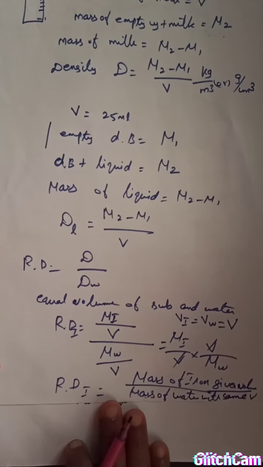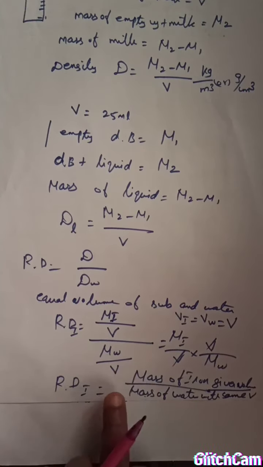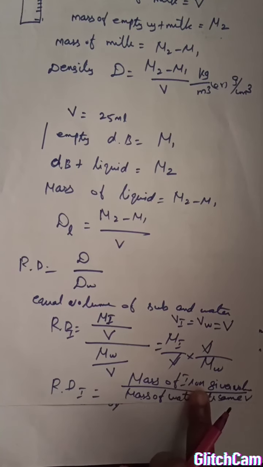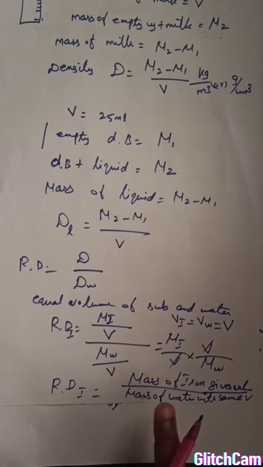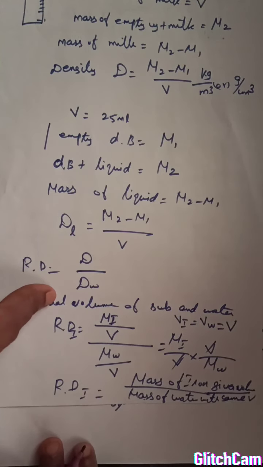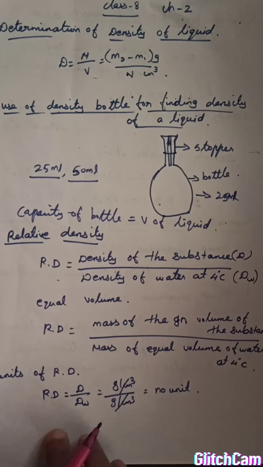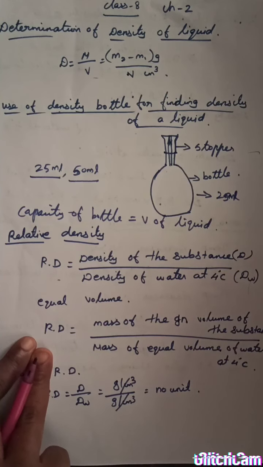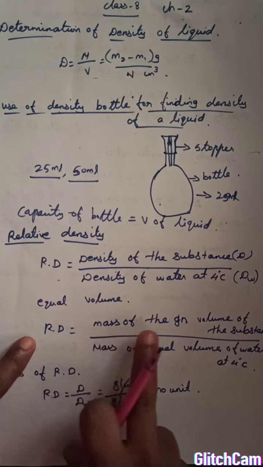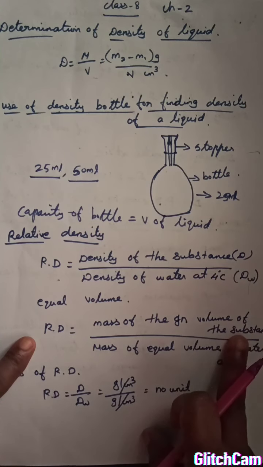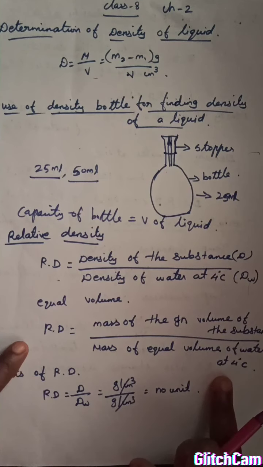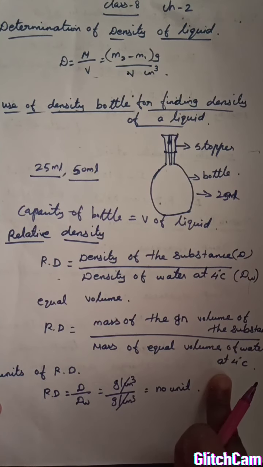So if the volume is equal, then relative density is equal to the mass of a given volume of the substance upon the mass of an equal volume of water at 4 degree Celsius.